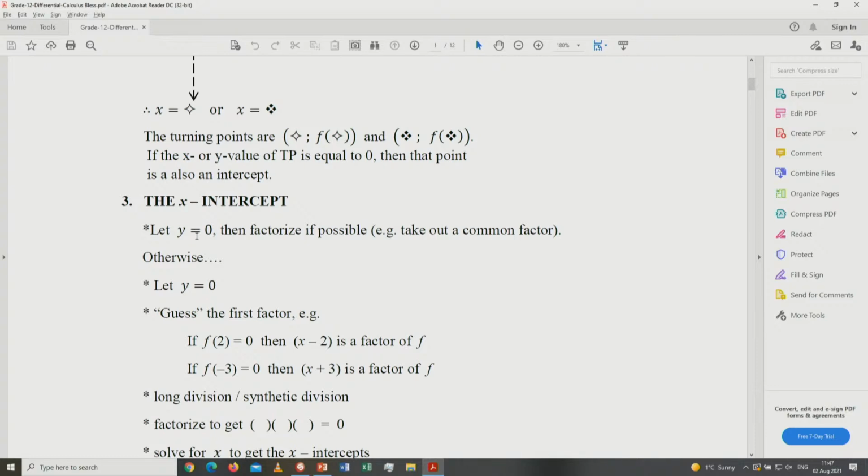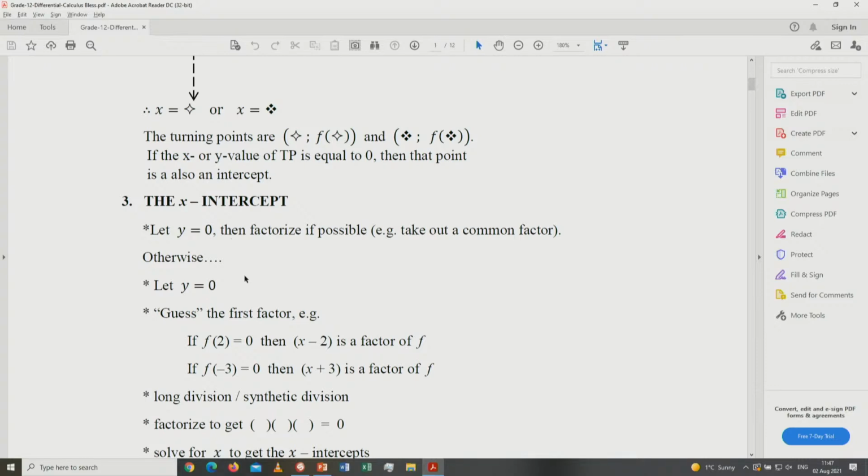When dealing with cubic functions, determining the x-intercept is very important, learners. Firstly, you need to check if your given equation can be factorized. If it can be factorized, then you can determine the x-intercepts.